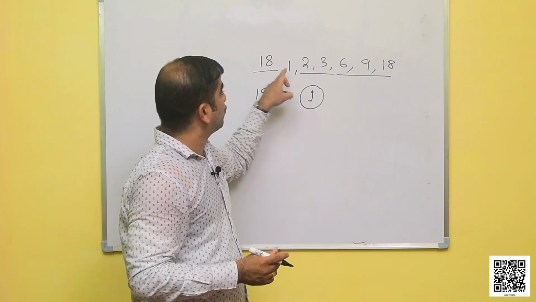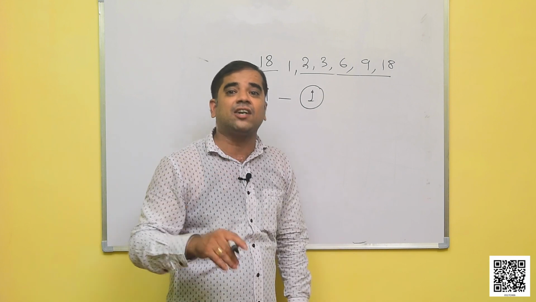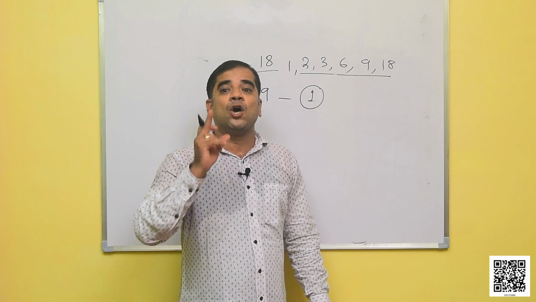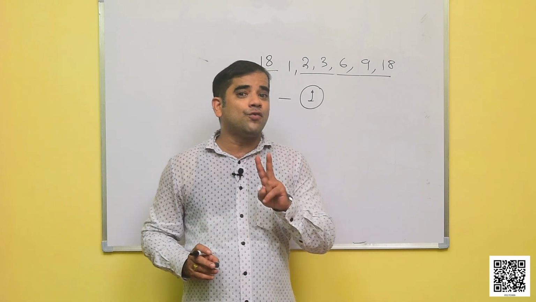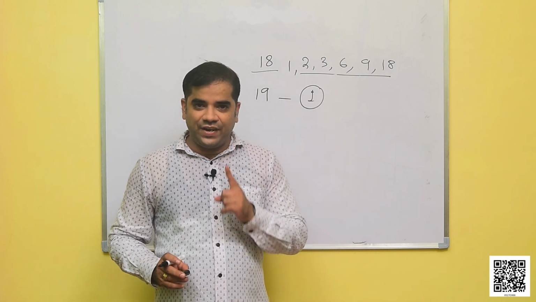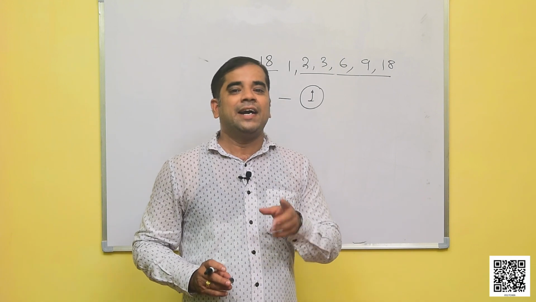In this we can see that every number is a factor of itself, and every number has a factor that is 1. So we can say that every number has two factors, that is 1 and the number itself.